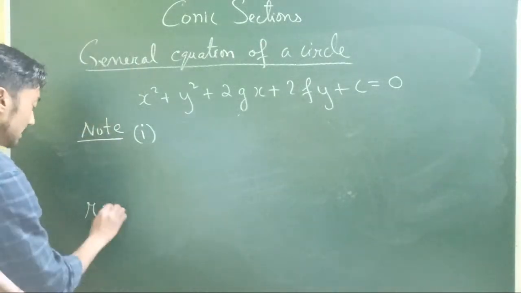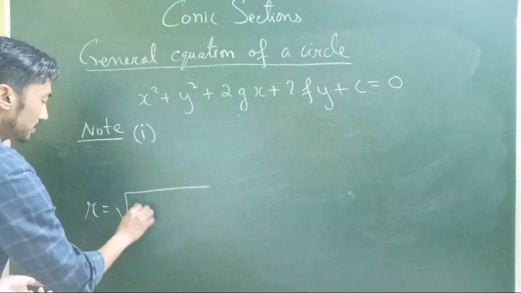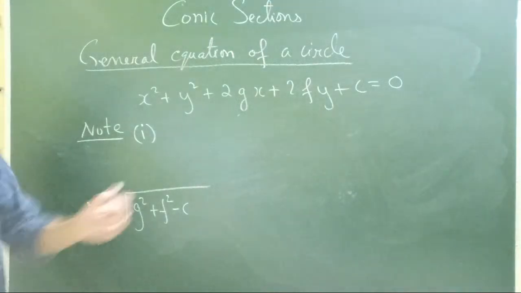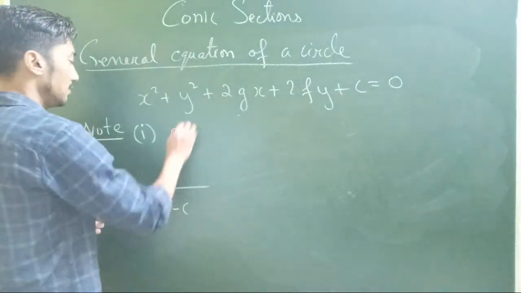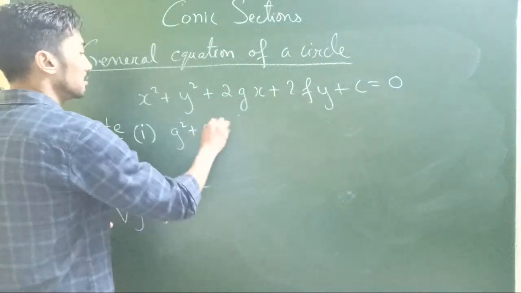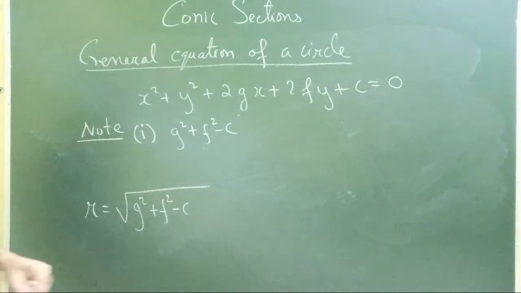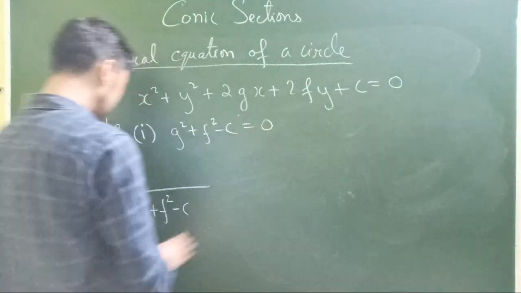The radius, using the general form, was given by, I believe you will have it in your notebook, the square root of g square plus f square minus c. Now, if the value of this term g square plus f square minus c happens to be 0, then what will be the radius?